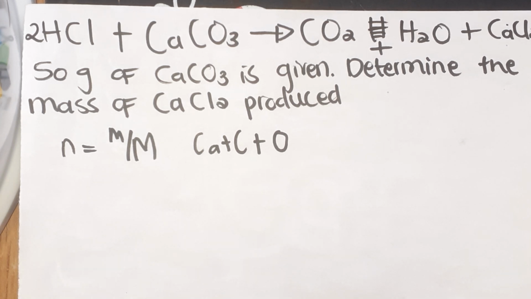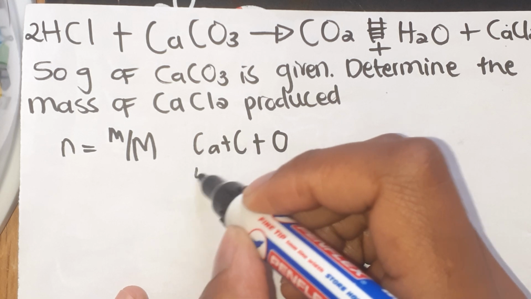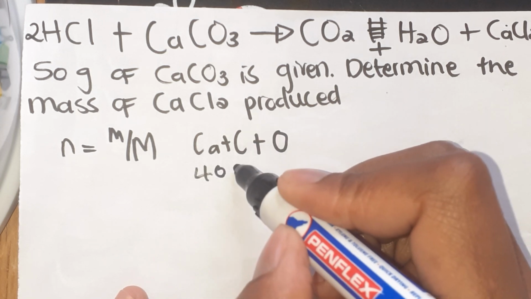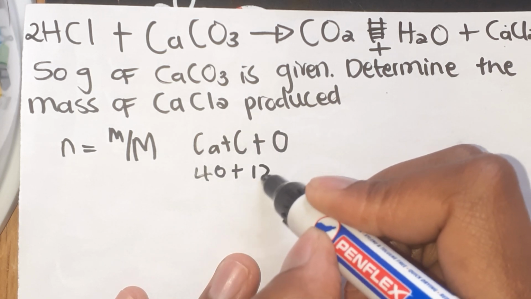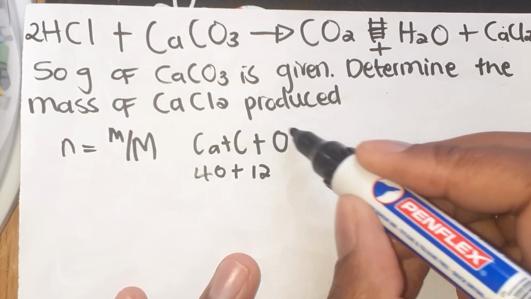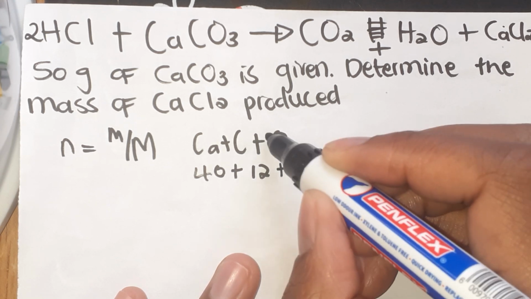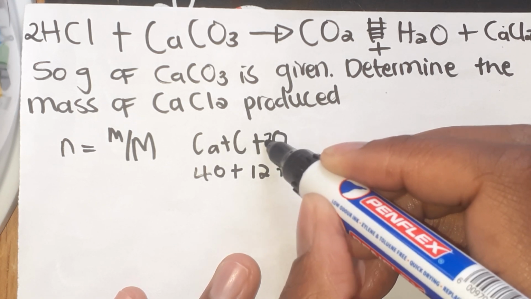In your periodic table, the molar mass of Ca is 40, the molar mass of C is 12, and the molar mass of O is 16.